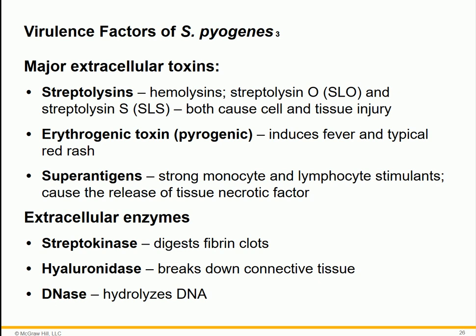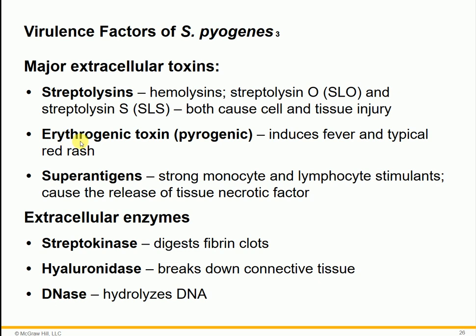There's still more. Streptococcus pyogenes has lots of toxins and enzymes that are secreted out of the cell. So these are all extracellular toxins and extracellular enzymes. The extracellular toxins are streptolysin. Streptolysin is a hemolysin, but because it's secreted by strep, we call it a streptolysin, and it leads to the hemolysis of red blood cells.